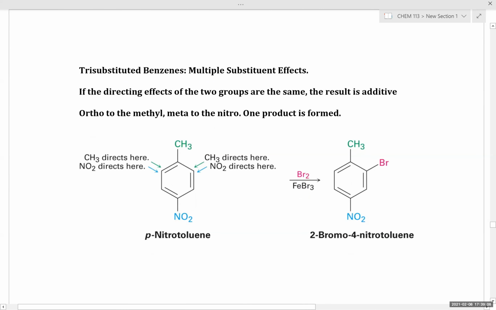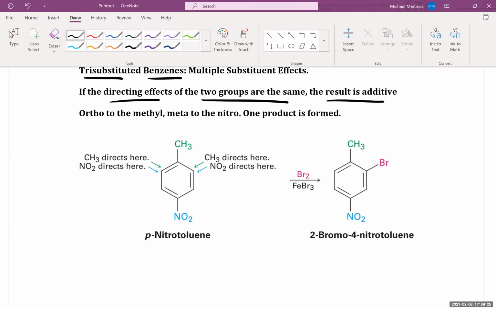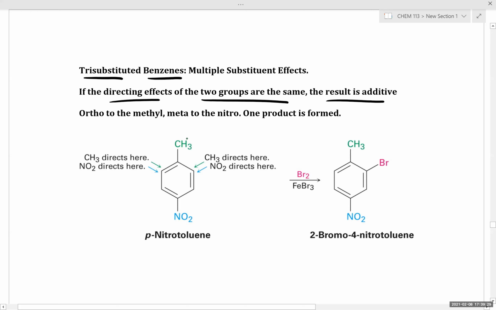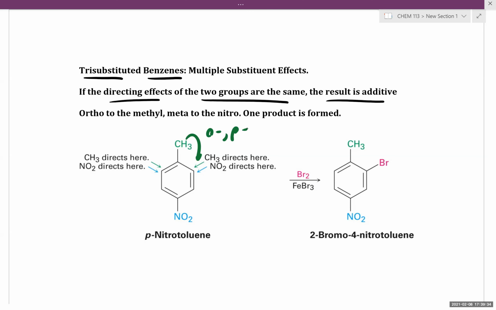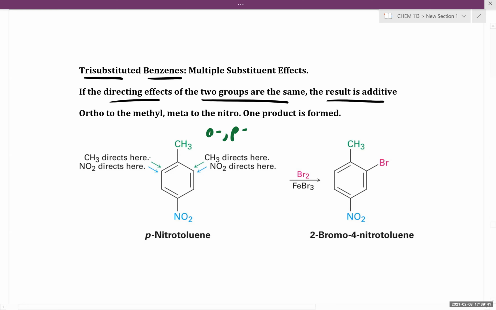So let's talk about what happens when we have multiple substituent effects and we're trying to generate tri-substituted benzenes. In this case, if the directing effects of the two groups are identical, then the result is additive. So for example, if you have a methyl group, which is an ortho para director, the methyl group is going to direct to the ortho positions.